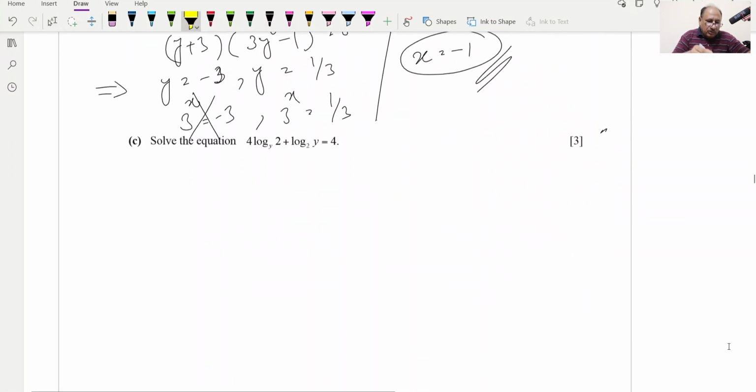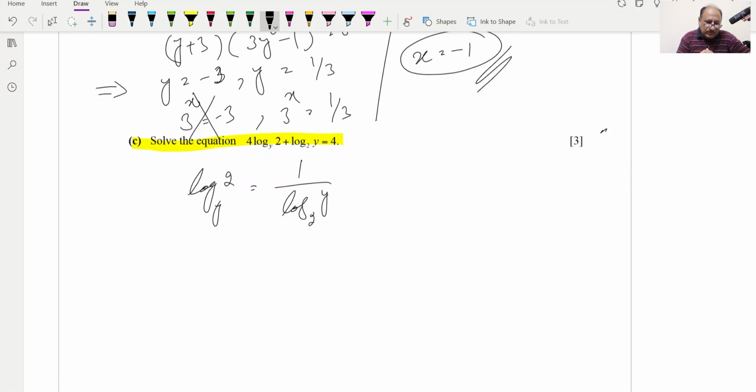Now C part, solve the equation, and the equation given is this one. We have to solve this. So 4 log with base y of 2 plus log with base 2y of y is equal to 4. So we know that log of 2 with base y is equal to 1 over log of y with base 2, like this.